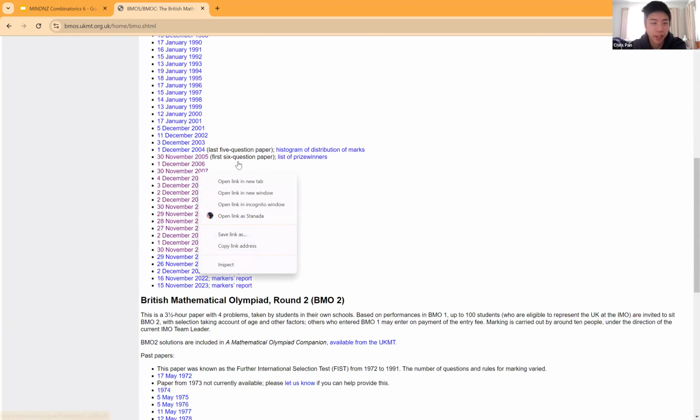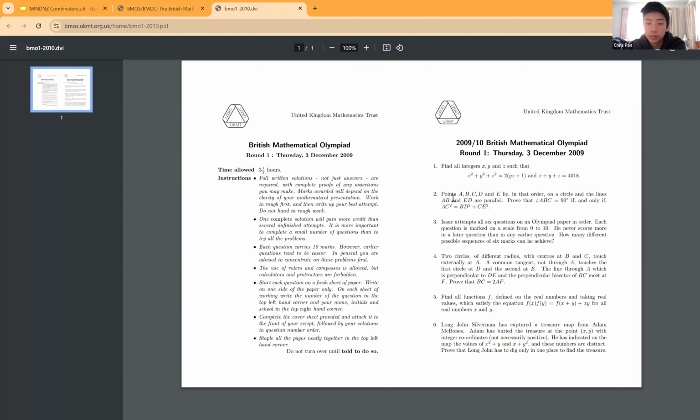You can click on any random paper. Okay, I'll click on 2009, and you can just do any of these problems. I guess we'll probably just look at problems in the range of 1 to 3, because maybe 4, 5, 6 are a bit harder.